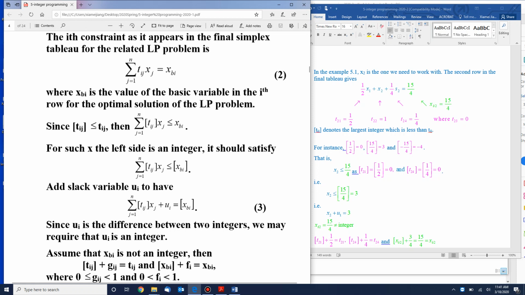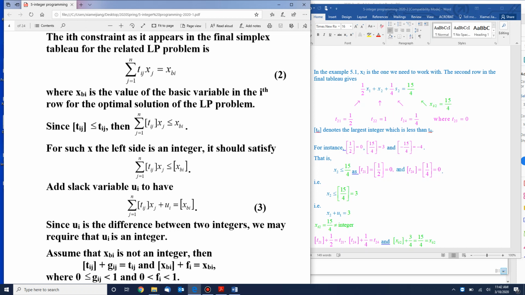So here, the largest integer less than 15 over 4 is 3, and the largest integer less than half or 1/4 is 0. In this way we keep the right side 15 over 4.